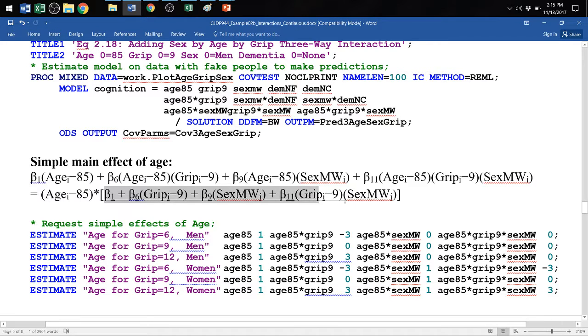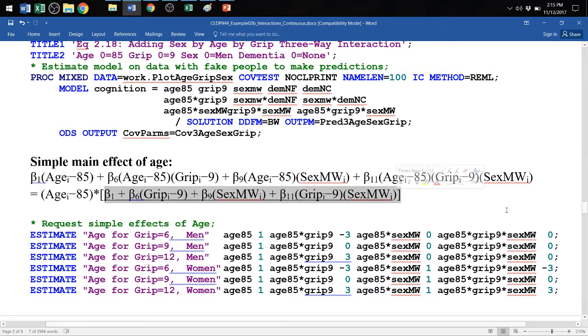So this equation right here, beta 1 plus beta 6 times grip plus beta 9 times sex plus beta 11 times their interaction, that is instantiated in the estimate statements below. So age 85-1 says start with at least 1 beta 1. Then fill in the values for the other terms that pertain to the level of grip and gender that I want.